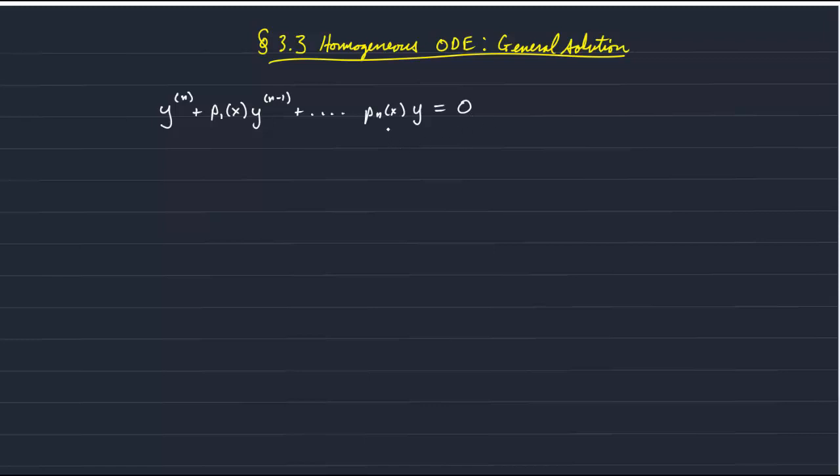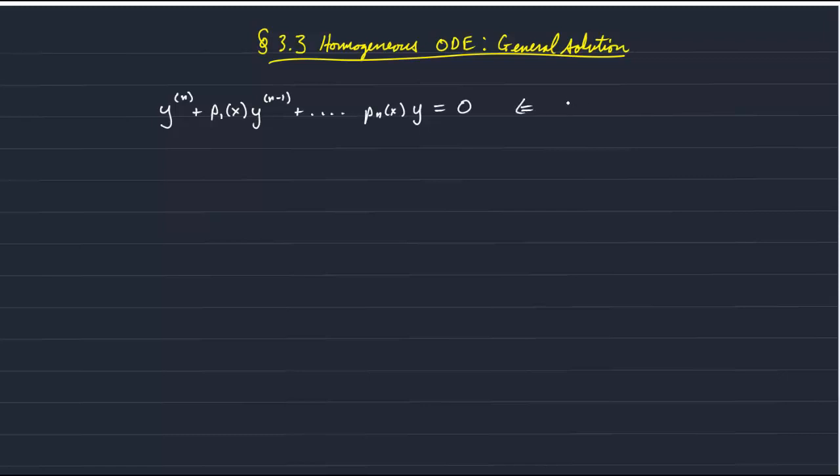And you can see that we have a linear equation because there are only coefficients multiplied by y and its derivatives, not powers of y or its derivatives or other nonlinear functions of y or its derivatives.